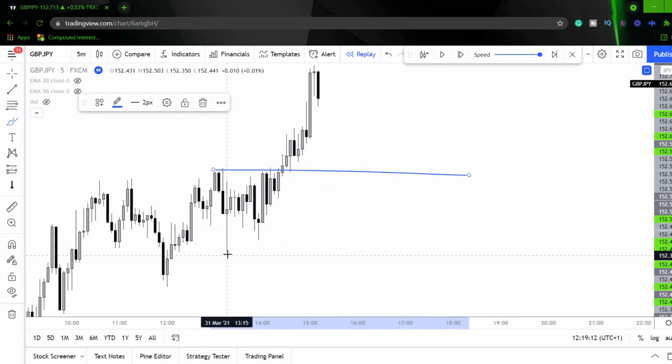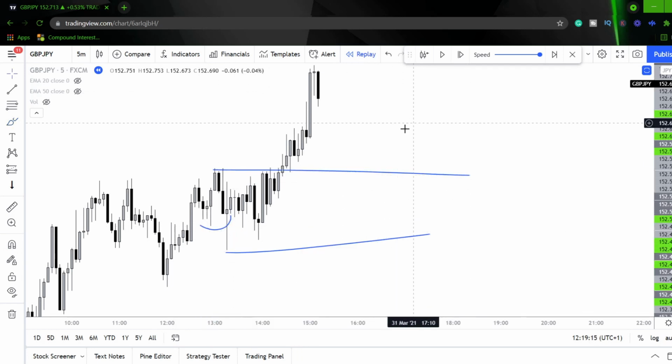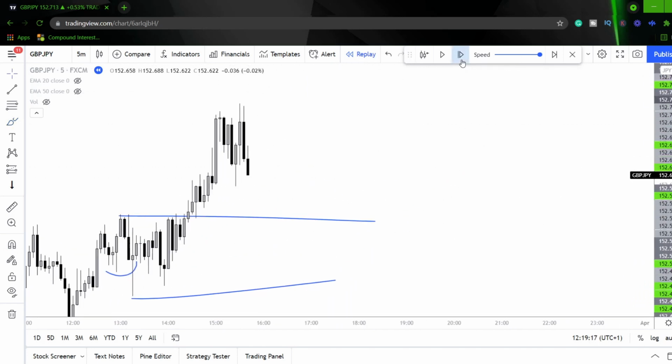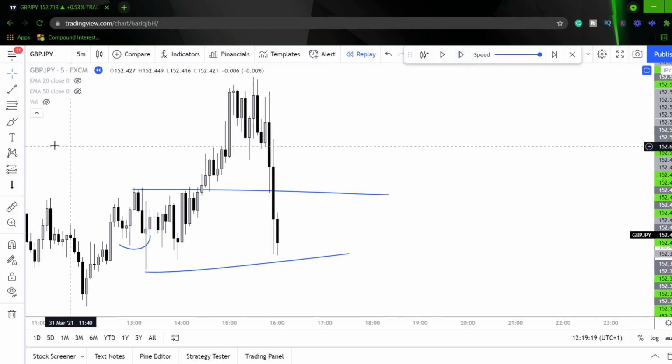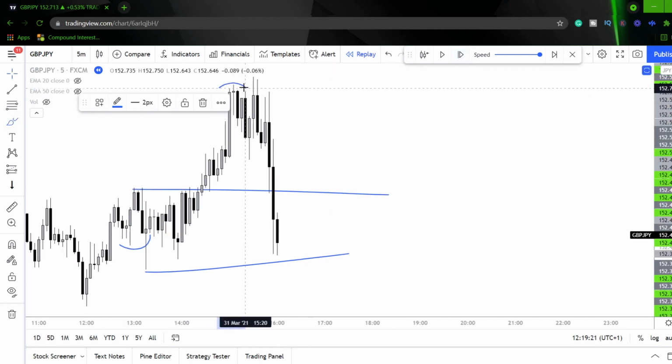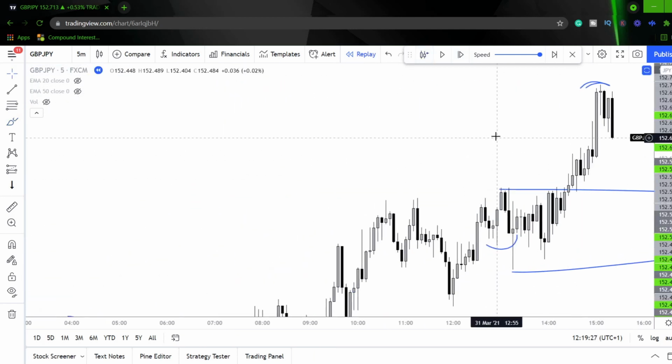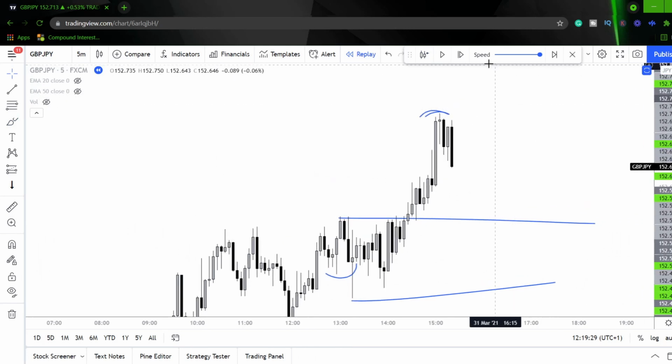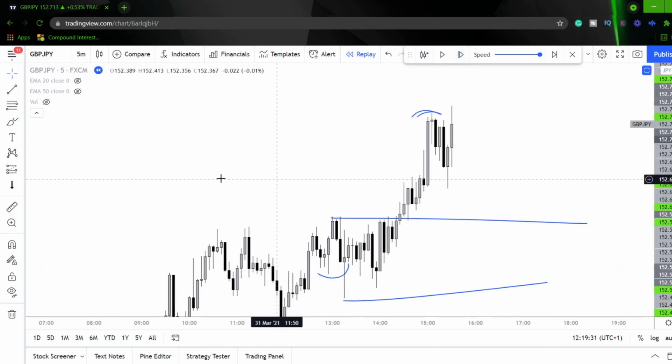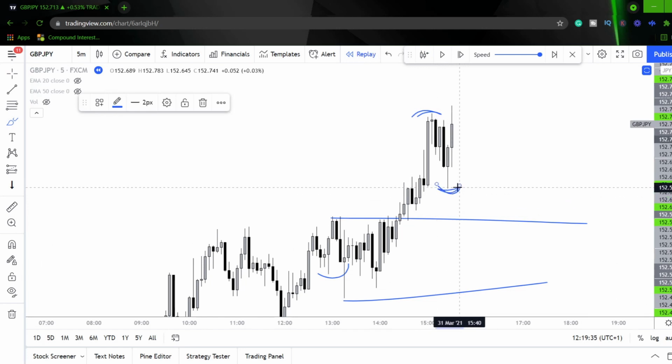Okay, so that ran this liquidity, right? Again, what happened, right? We start to pull back off of this high. Let's just rewind this, right? We start to pull back off of this high. Okay, as we start to pull back off of this high, we make a low, right? Which again, we've got stop losses below, right?